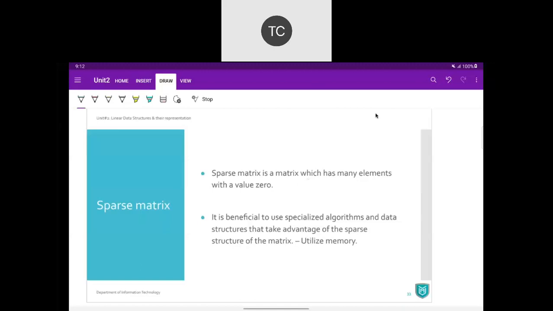A matrix which has many elements with value 0, or many elements where we do not want to store data. For example, if I say I have a matrix of 4 cross 4, which may have a maximum of 16 elements, but from those 16 elements, what if I only store 4 elements? The remaining 12 elements are 0.